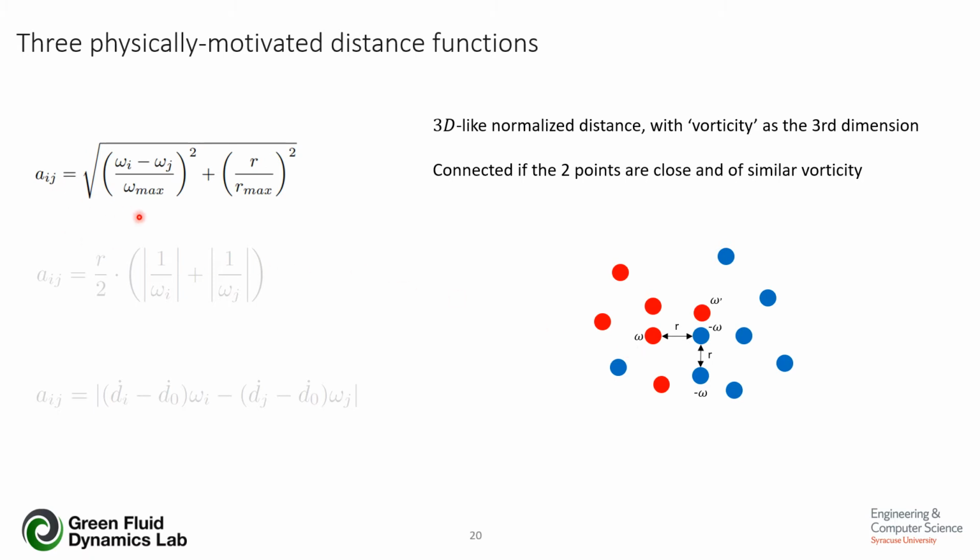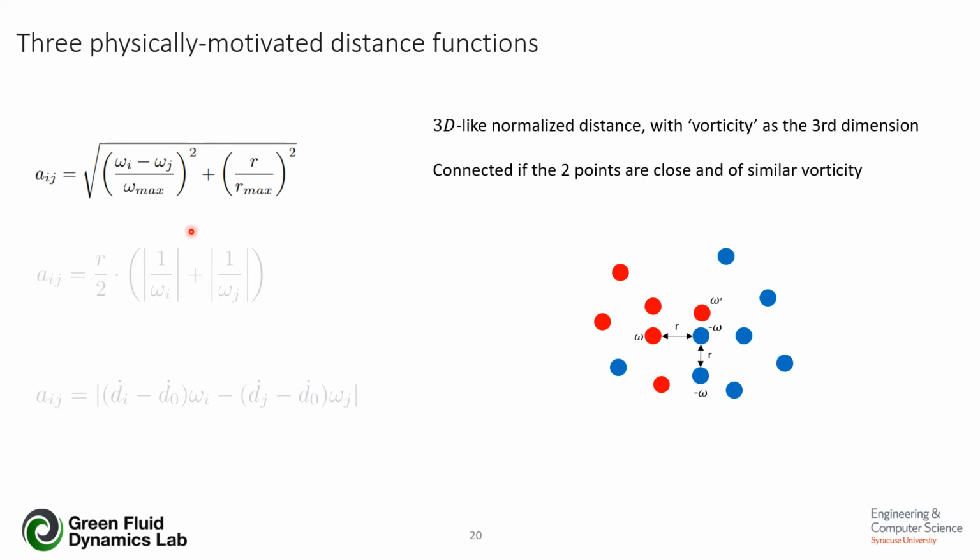So this term could be much bigger, and we could not say that they are connected at this point. In contrast, if we take a look at these 2 points, where the red dot here has a very small vorticity value, this term in this case might go smaller.